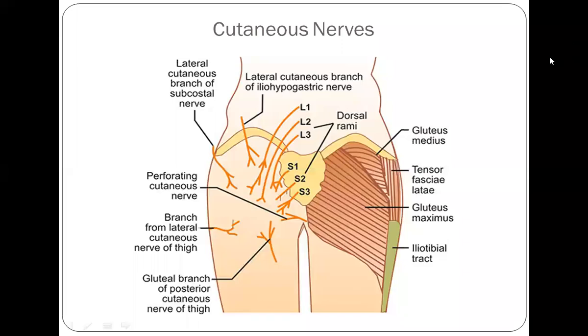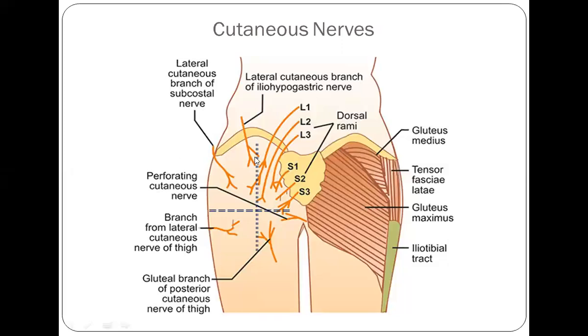Now these are the cutaneous nerves of the gluteal region. It is something that you can learn if you are interested. It is sometimes asked as a higher level question. So how you will learn these cutaneous nerves is that you need to divide the gluteal region into 4 different quadrants.